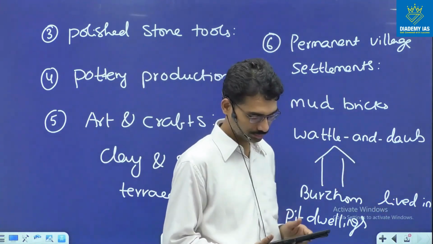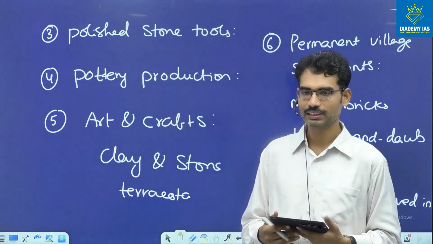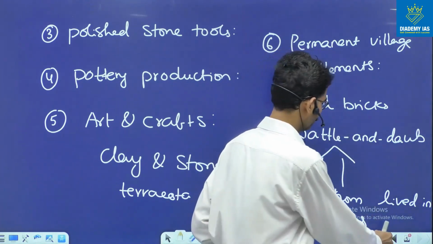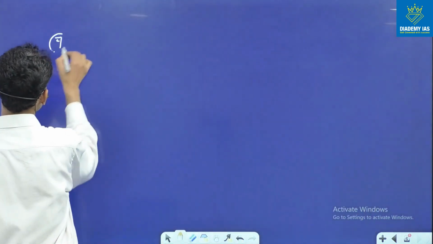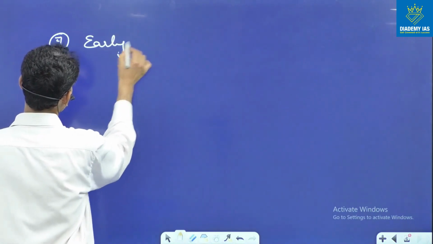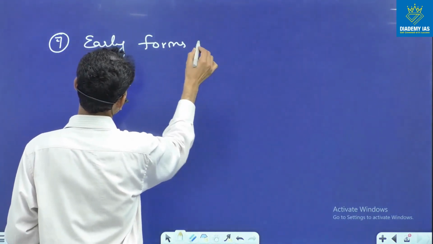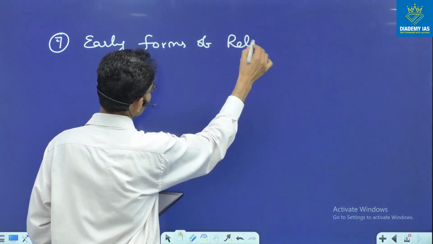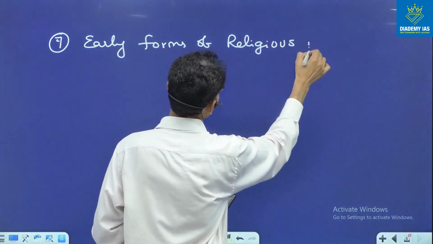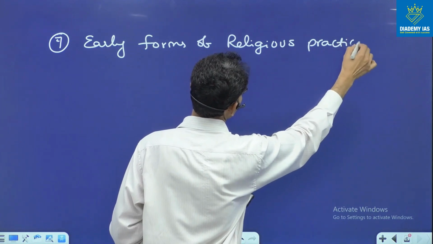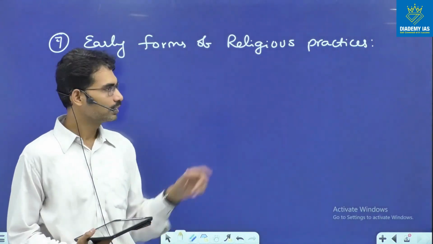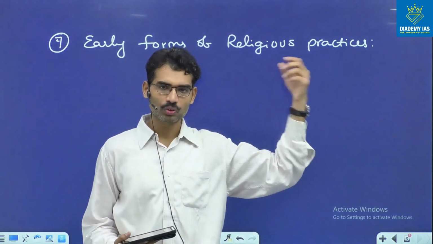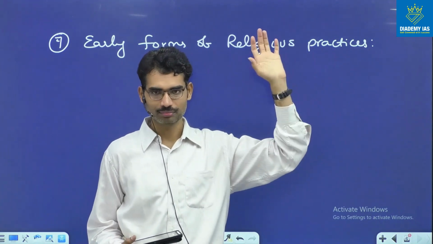Last one. Early forms of religious practices. This question, characteristics, you are going to get throughout our history.